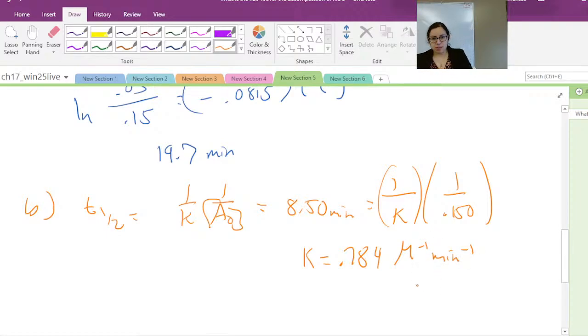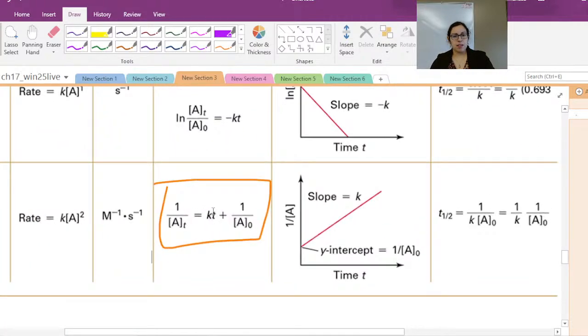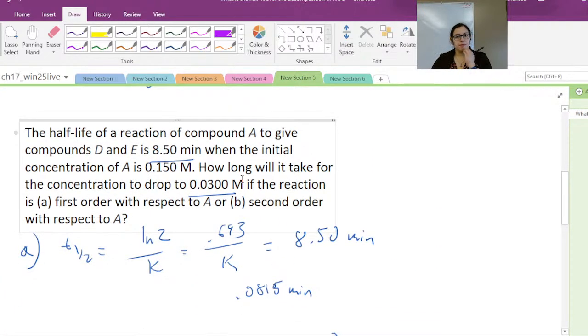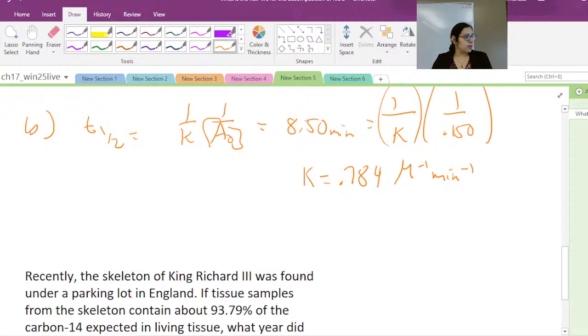The only odd thing is our time is a little off. And then from there, we have our k now. So now we can use this formula to get the second half of that problem. Again, answering how long will it take to drop to 0.03 molarity with our new k.